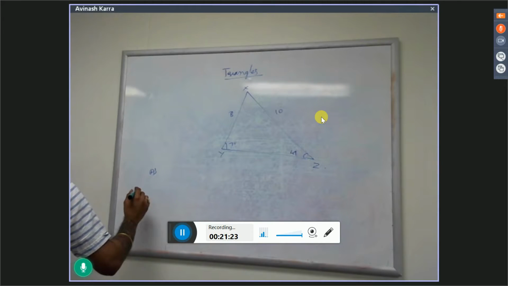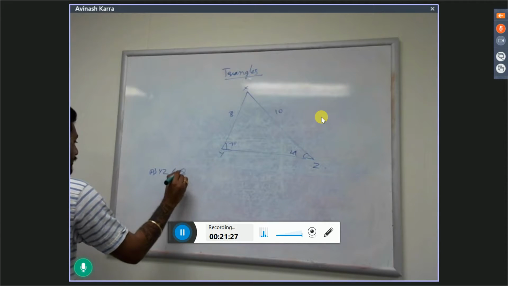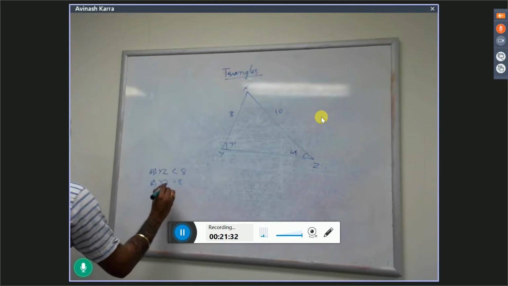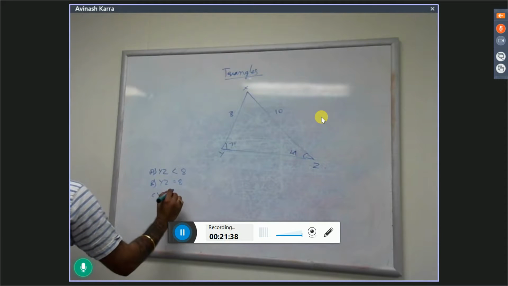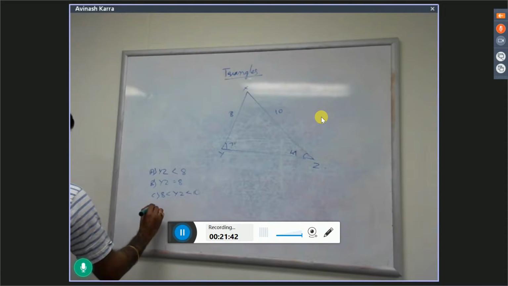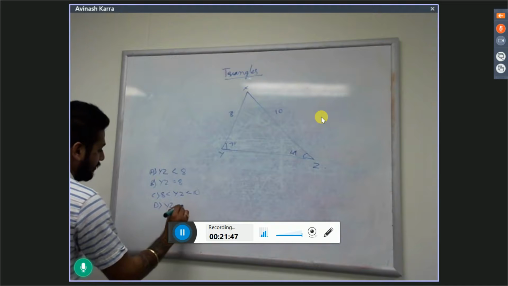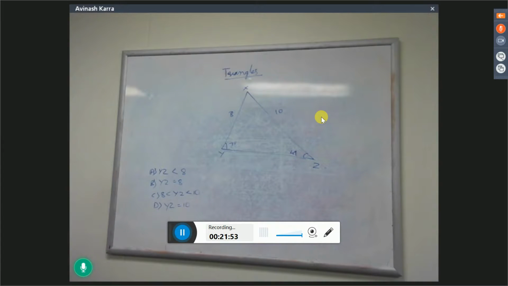One, given that YZ is less than 8. B, YZ is equal to 8. C, 8 is less than YZ less than 10. D, YZ equal to 10. Which will be the possible case? And why?